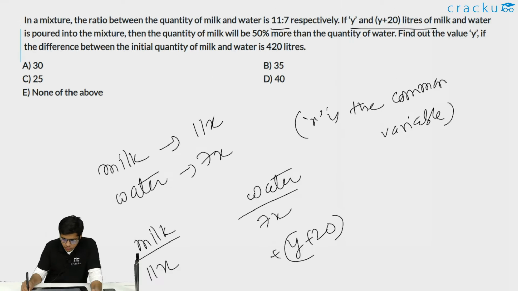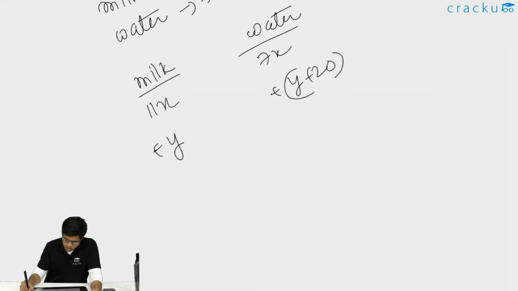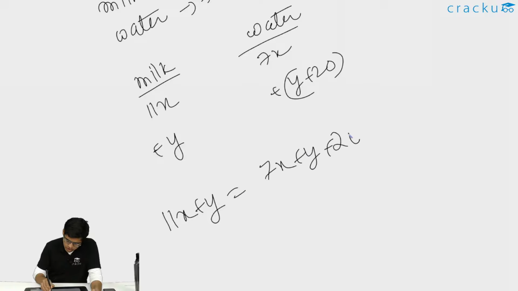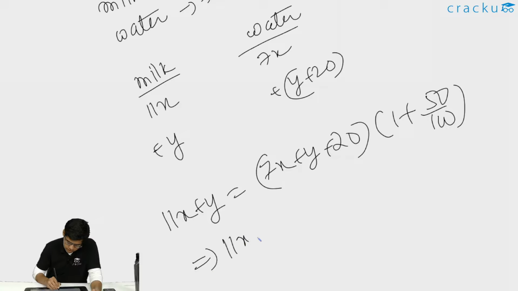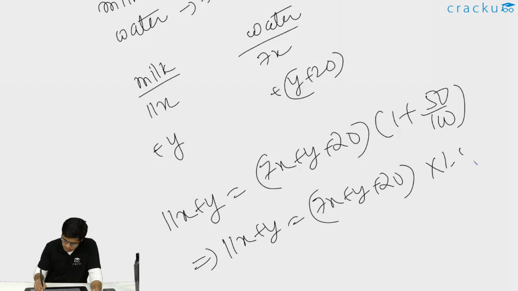Now the quantity of milk will be 50% more than the quantity of water, which means 11x plus y equals (7x plus y plus 20) into (1 plus 50 by 100), or (7x plus y plus 20) into 1.5.